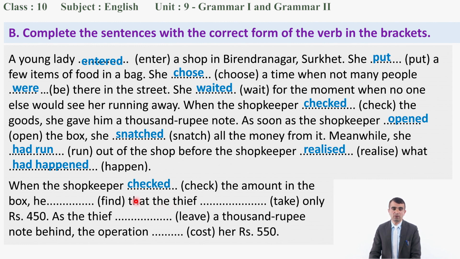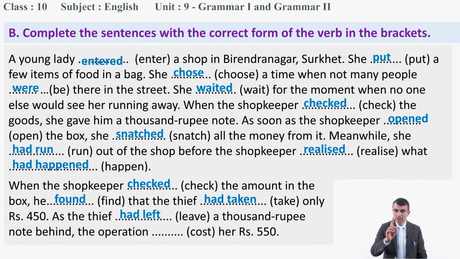Checked the amount in the box, he found that the thief, something already happened, had taken only 450 rupees. As the thief left, what do you write? Had left a 1,000 rupee note behind. The operation cost only. The past tense of cost is cost itself, isn't it?